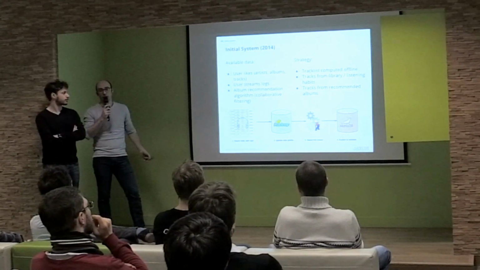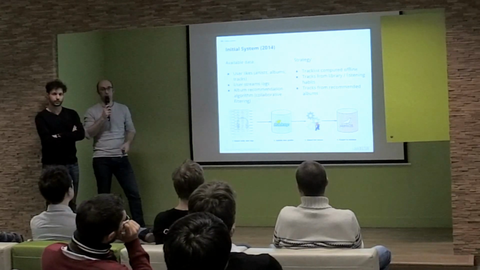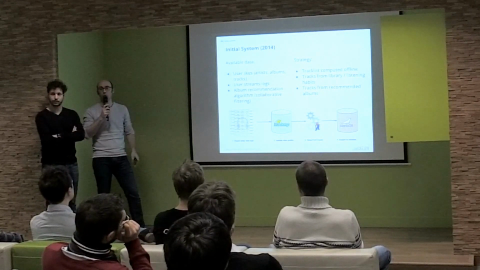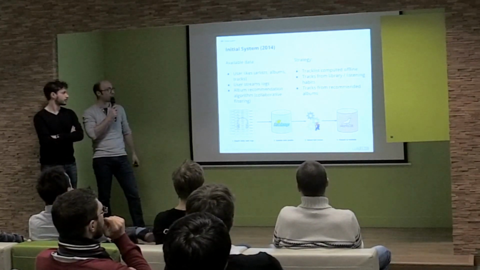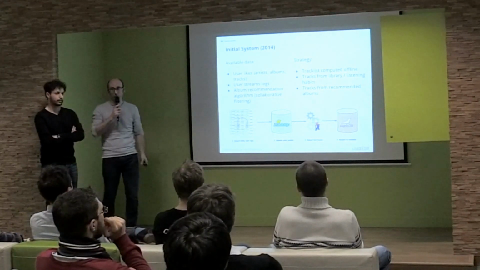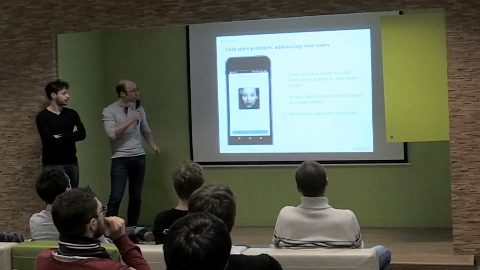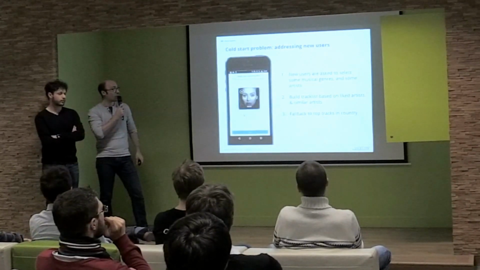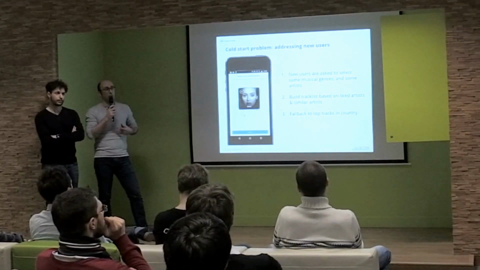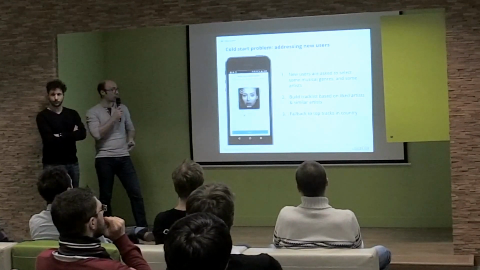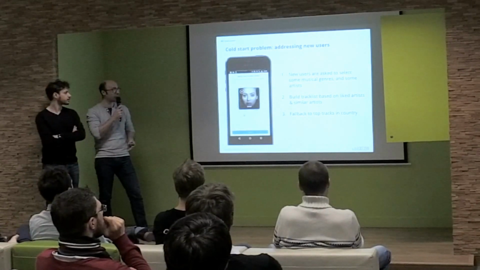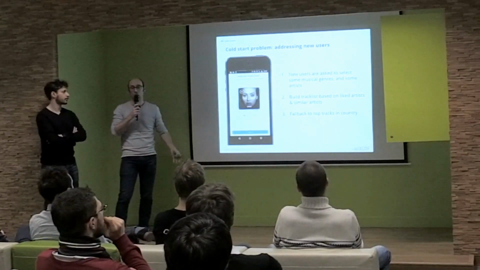Okay, that works if we have data about users, but for a new user coming into Deezer, we don't have any data. So we have to do something different. When new users create an account on Deezer, they go through an onboarding process where they are asked to select some musical genres and some artists.